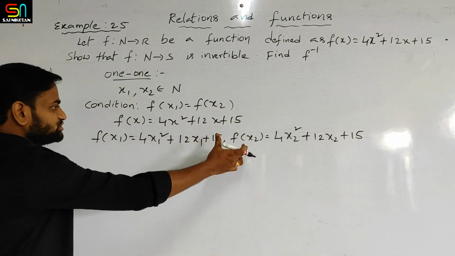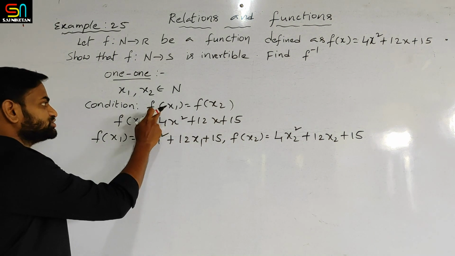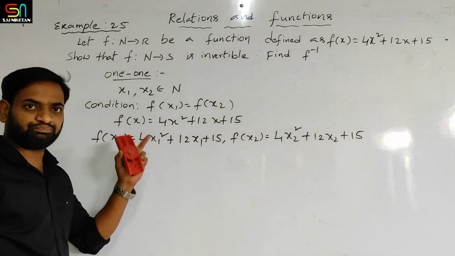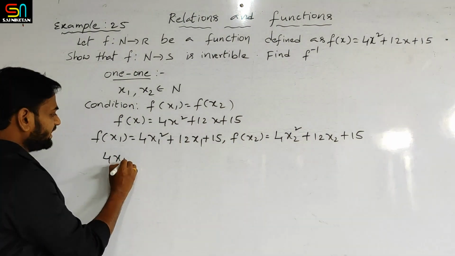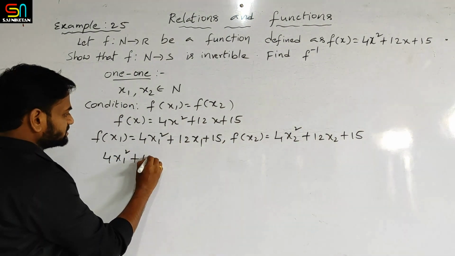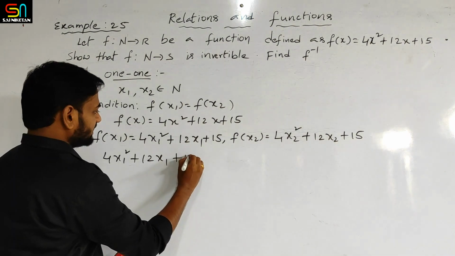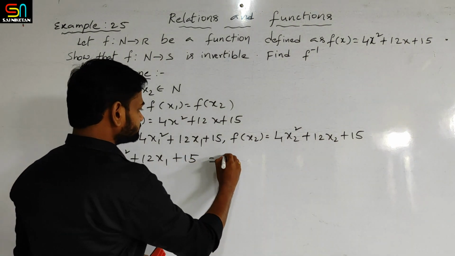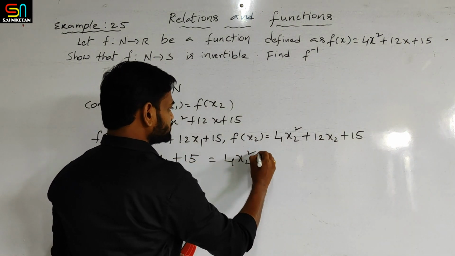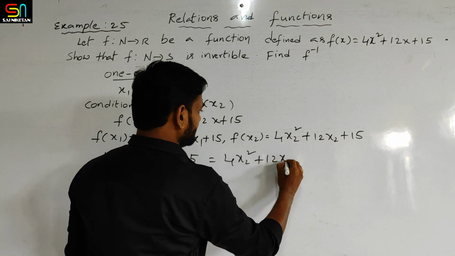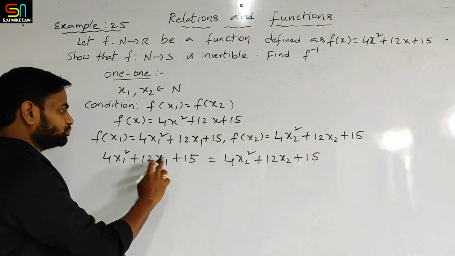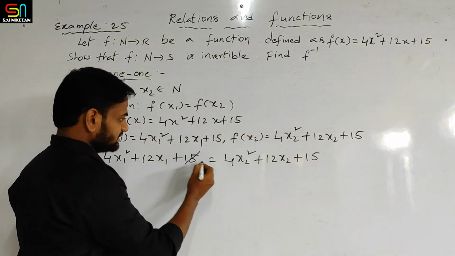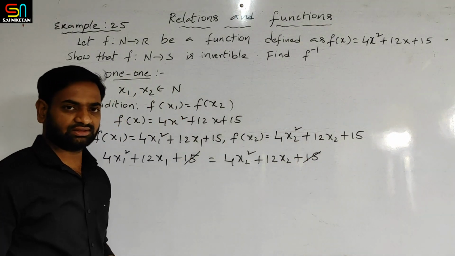Now equate these two functions because the condition is f of x1 is equal to f of x2. So I am equating this one. 4x1 square plus 12x1 plus 15 is equal to 4x2 square plus 12x2 plus 15. Now on both sides we can cancel 15.